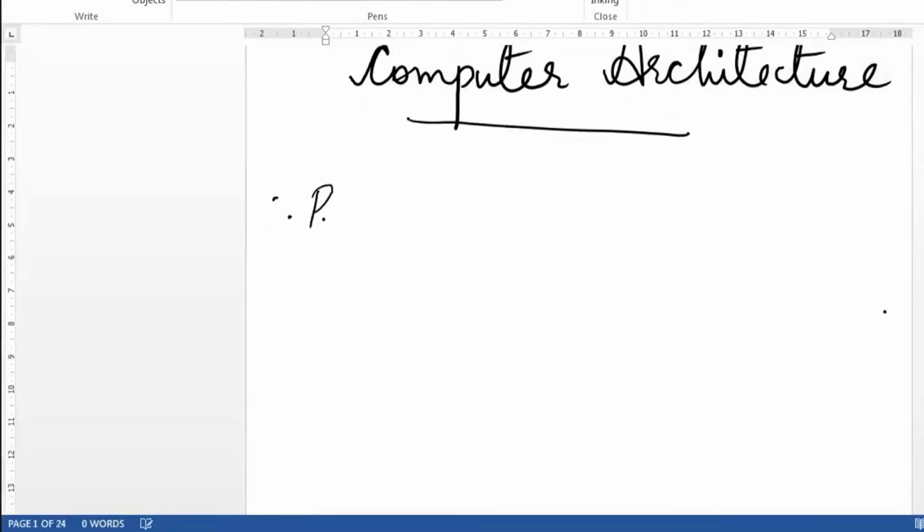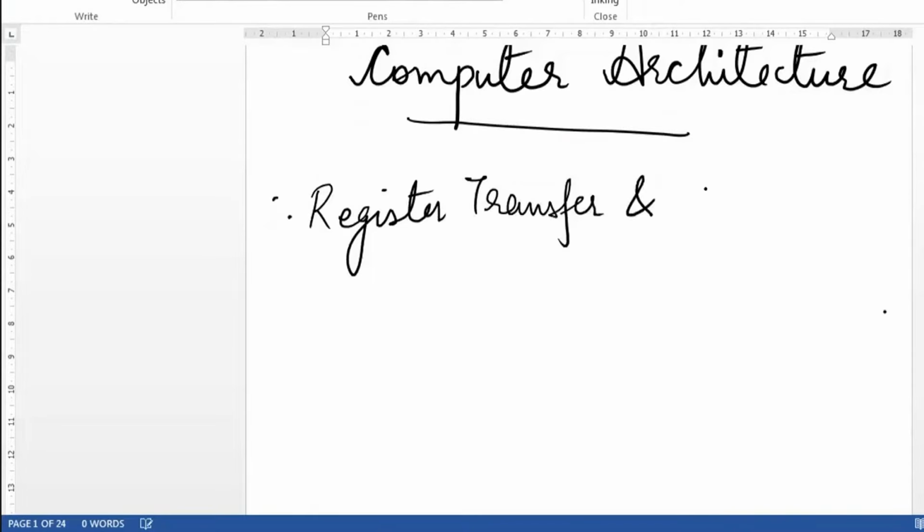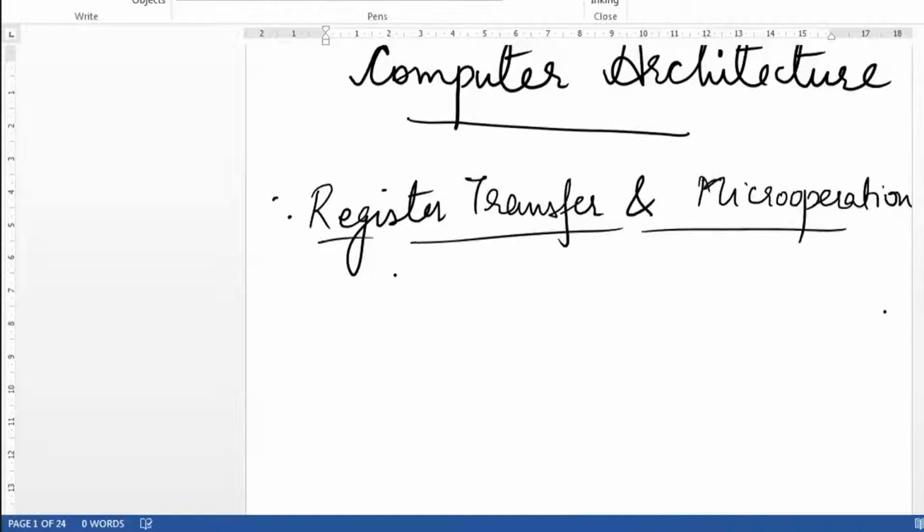Yes, so we are going to study first of all chapter number 4, which is register transfer and micro operations. See, first of all, when I talk about the internal hardware organization of a computer, what does it have?